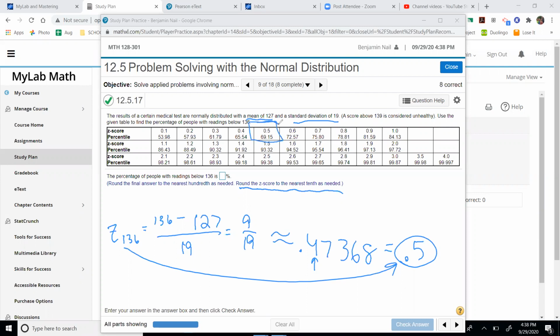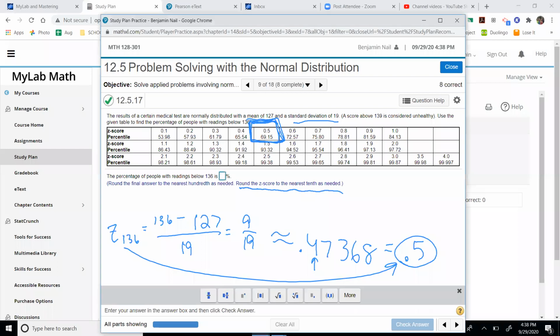Our z-score of 0.5 is here, and that correlates to a 69.15 percentile. So if they want the percentage of people below that 136, we needed to find our z-score so we could find that on the chart and recognize that 69.15% of the data falls below that specific score. So, 69.15%.